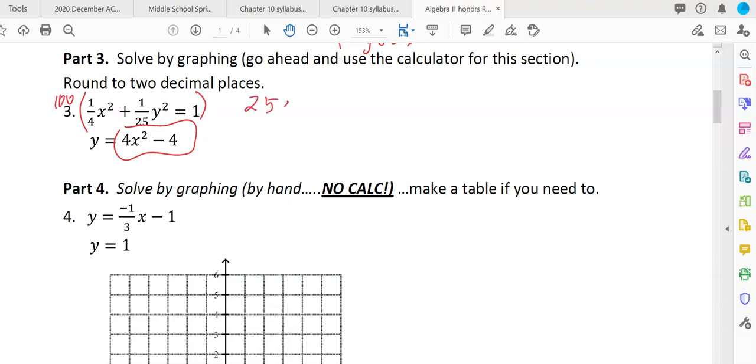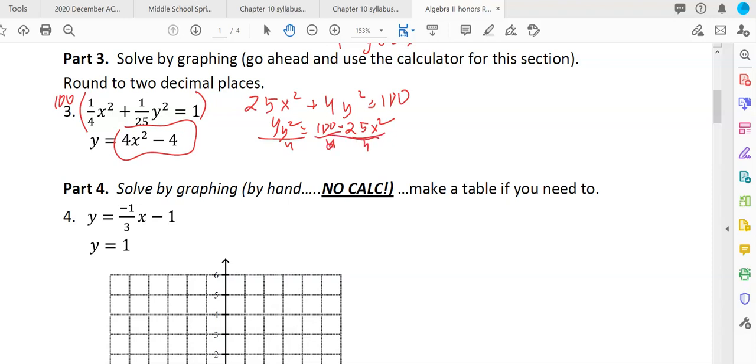25x squared plus 4y squared equals 100. We get 4y squared equals 100 minus 25x squared. Divide by 4, divide by 4, divide by 4.